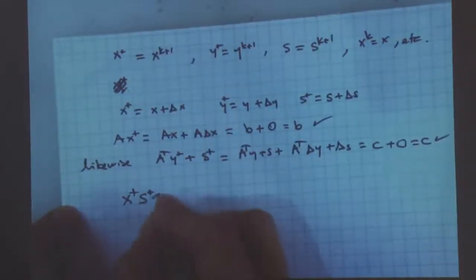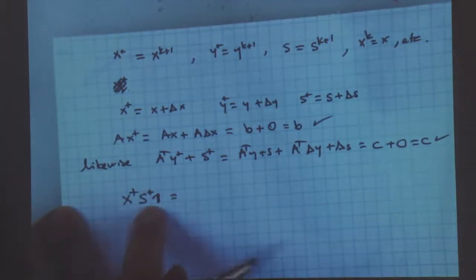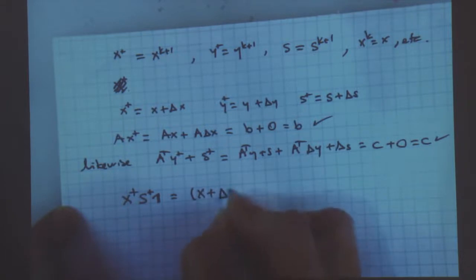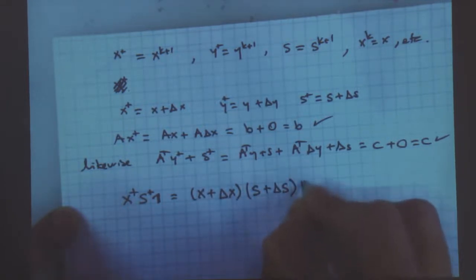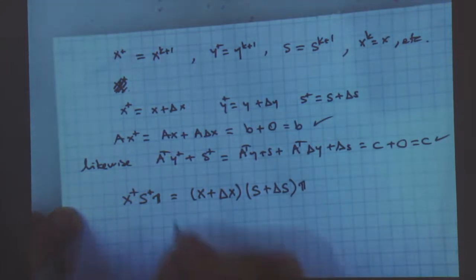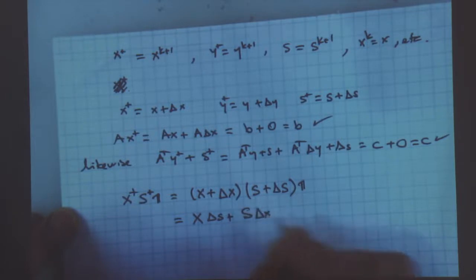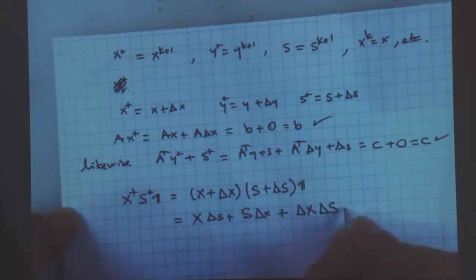What is x plus s plus 1 equal to? This is x plus delta x, s plus delta s times 1. So if you think about what this ends up giving you, once you unravel that, you get x delta s, and then s delta x, and then you get delta x delta s 1.